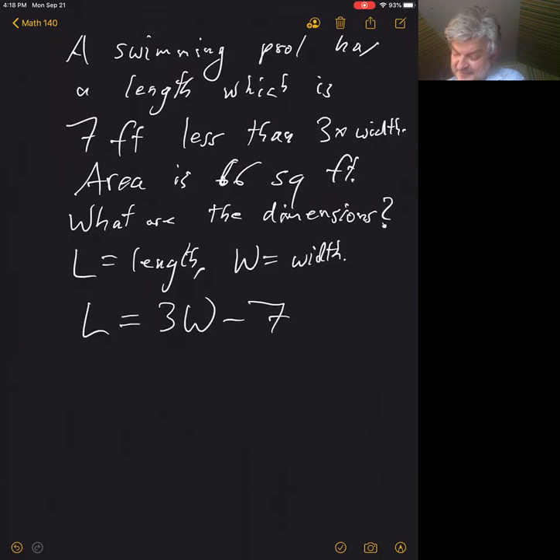And the area, so 66 square feet, is length times width. And it doesn't even say that the swimming pool is supposed to be a rectangle. So by default, it is a rectangle.